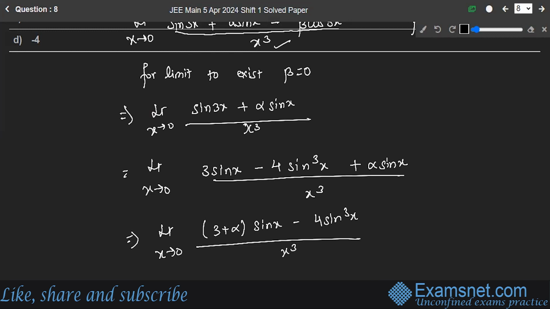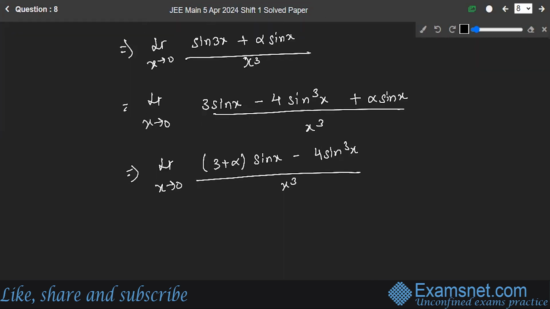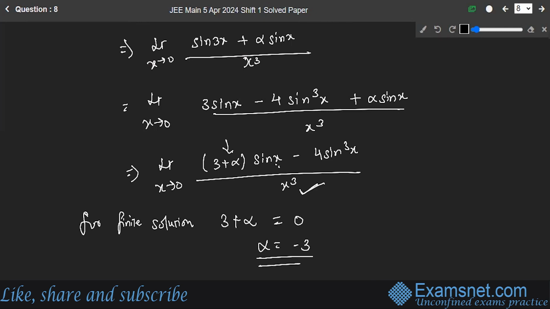Again, for a finite solution, the denominator will have a 0, because this is having x cube and here is x. So this should also be equal to 0, so you need 3 plus alpha equal to 0, which gives you alpha is equal to minus 3.